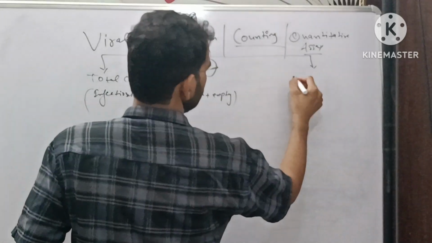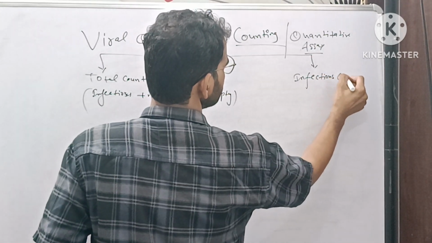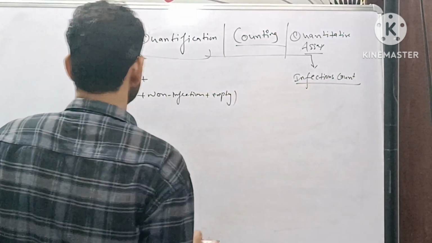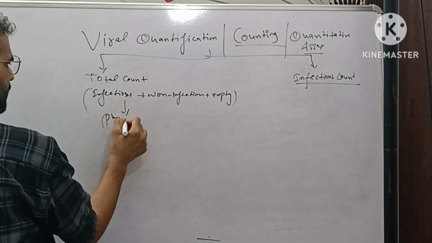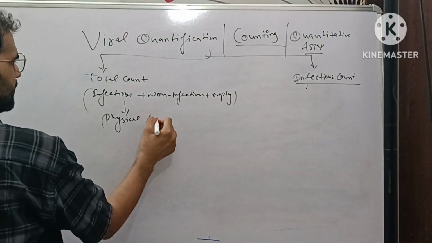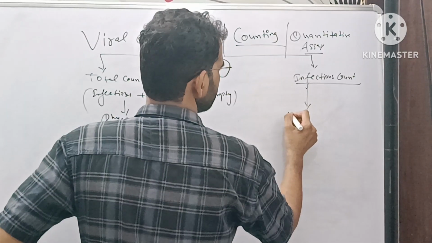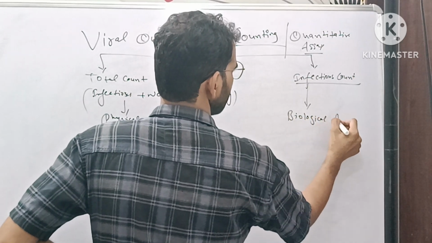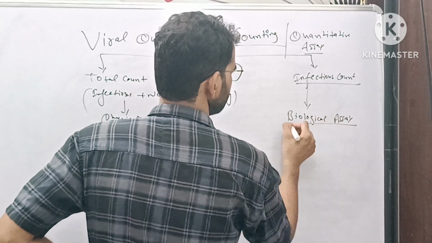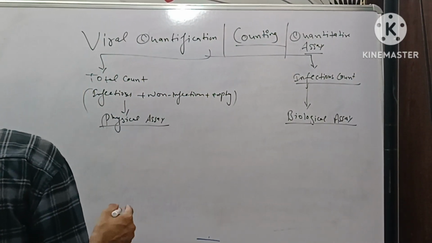And here the infectious count. The assays for total count are known as physical assays. And where the biological activity of the virus is measured, they are known as biological assays.